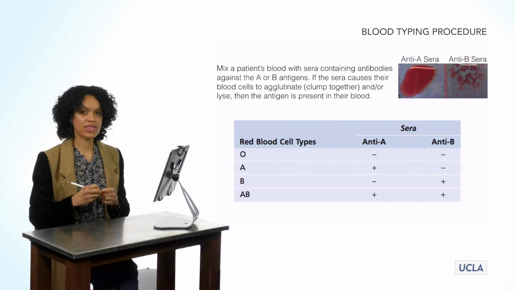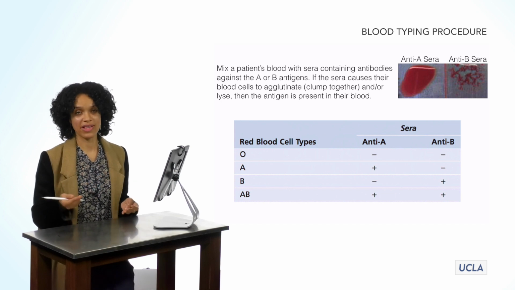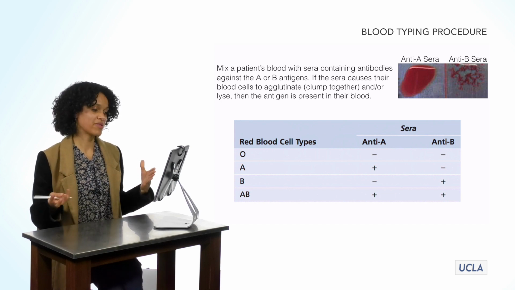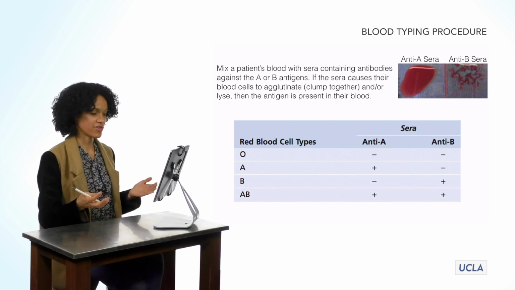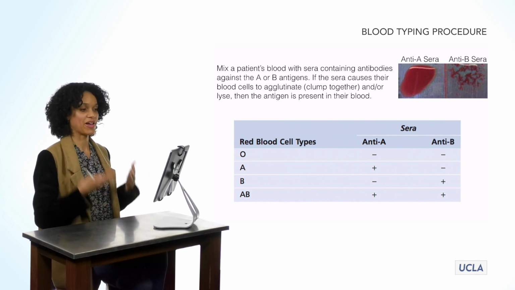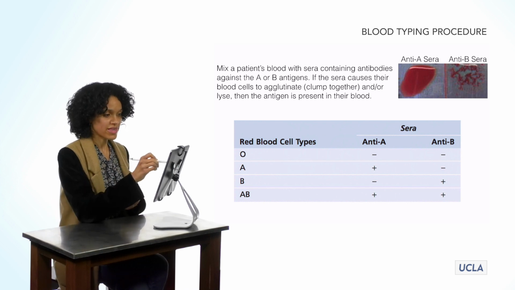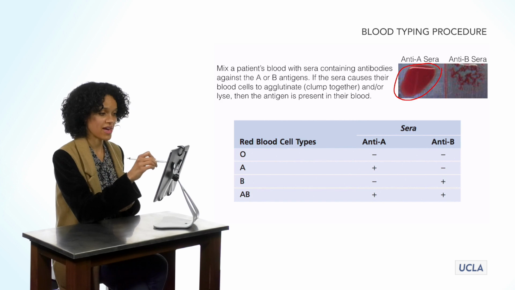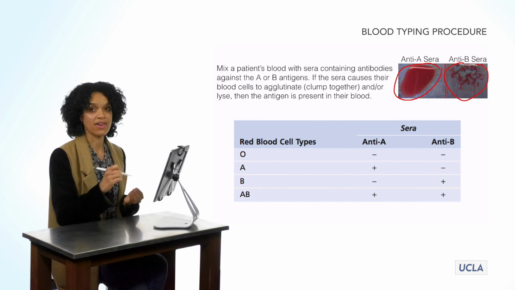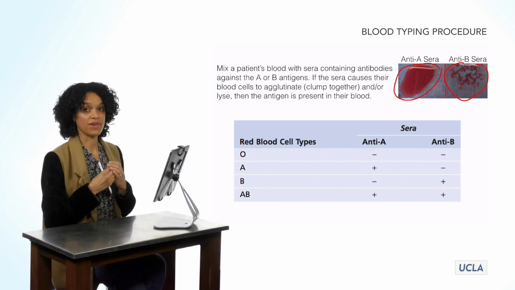Okay, so let's talk about how you know your blood is A blood or B blood. And it's actually following the principle of immune reaction, because the way that you detect it is by trying to cause an immune reaction. So blood typing procedure means you take some blood and you mix it with anti-A or anti-B antibody, and you see if you get a reaction.